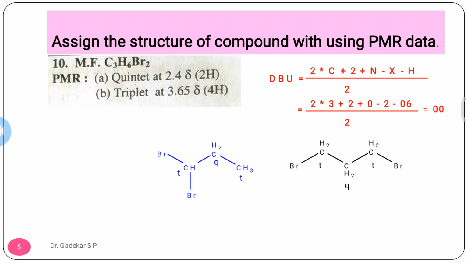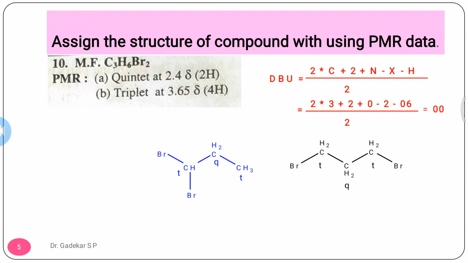Okay, so only data giving 2 signals. There is a quintet at 2.4, 2 hydrogens, not 3 hydrogens. Blue contains 3 hydrogens, triplet. So this information is not given, and the blue color structure is not possible.